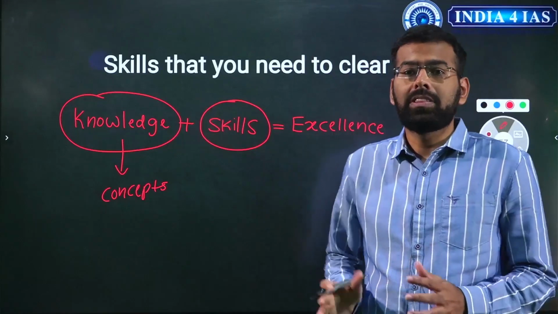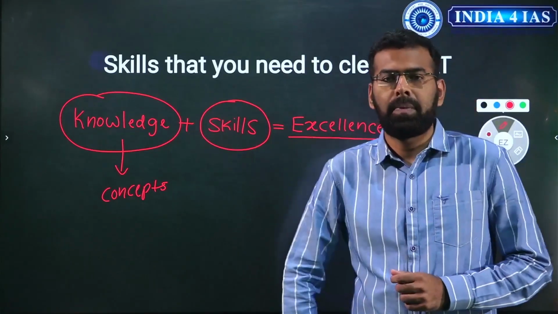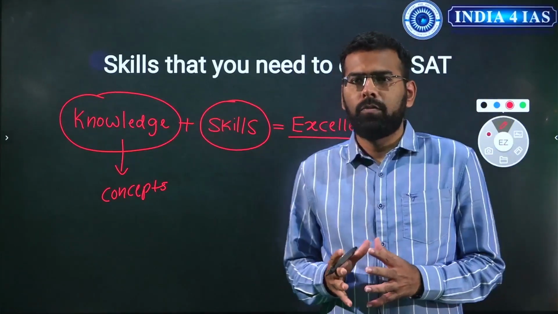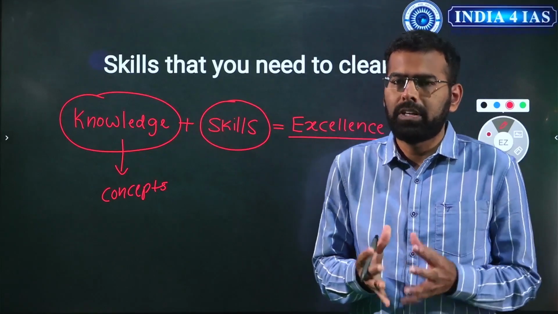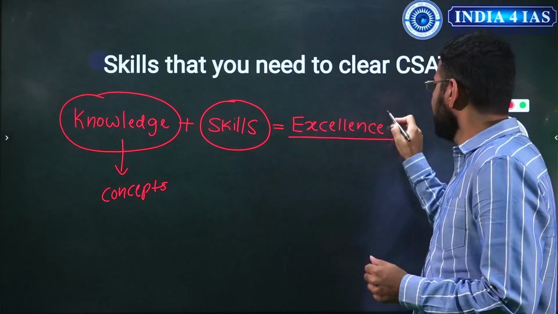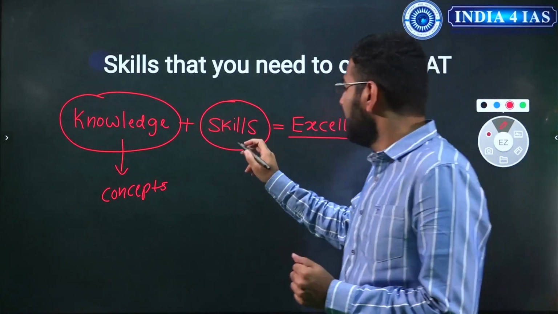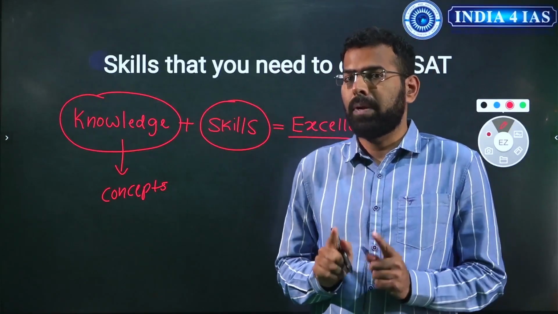Both things are important to succeed in this paper, and also excellence. When we focus on the outcome, we will not be able to give our best productivity. So focus on excellence, maybe not on success. Here the right skills are very important to clear this paper.